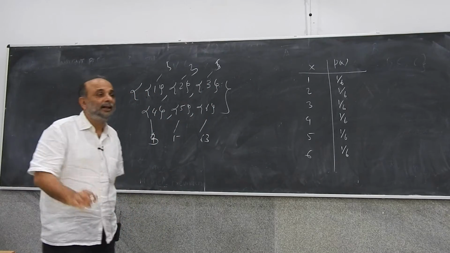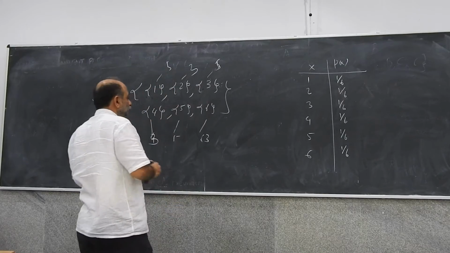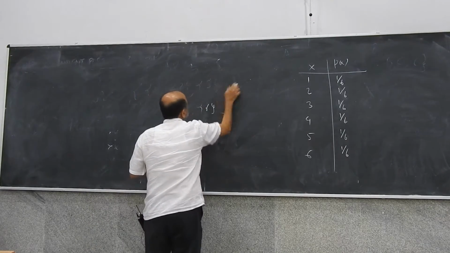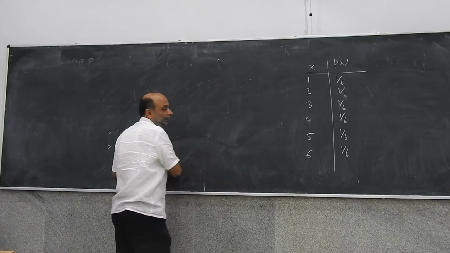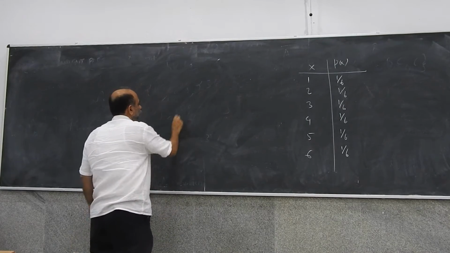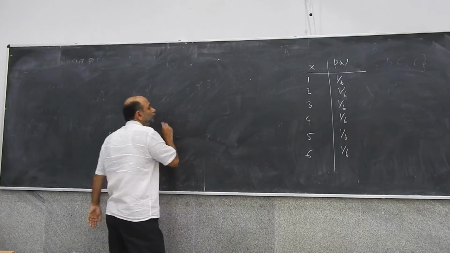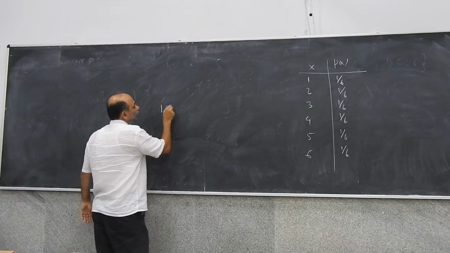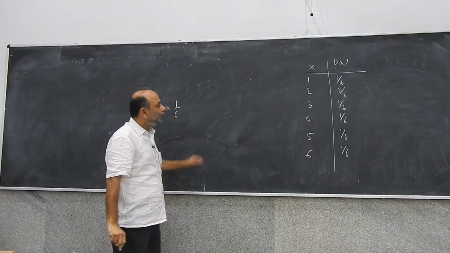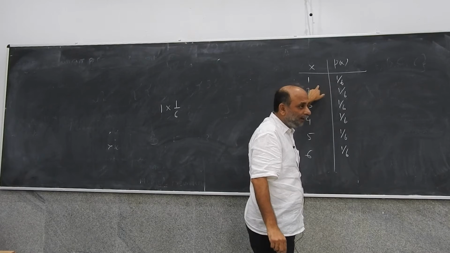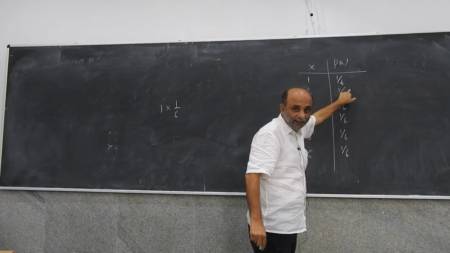Now the first thing that I want to introduce to you is the idea of an expected value of a random variable. Okay. So this is x. Now, suppose I did the following. I did 1 into 1 by 6. 1 the value of the random variable, 1 by 6 the probability with which it takes the value.